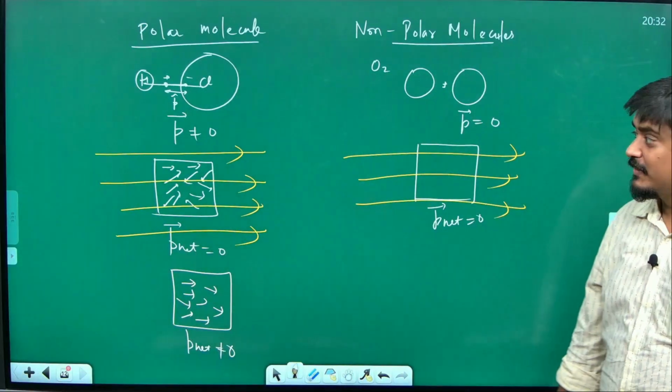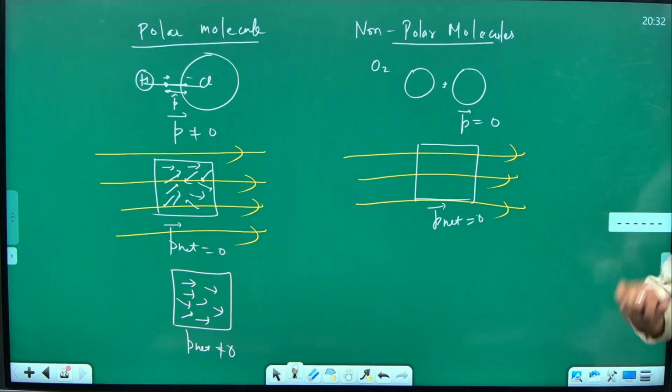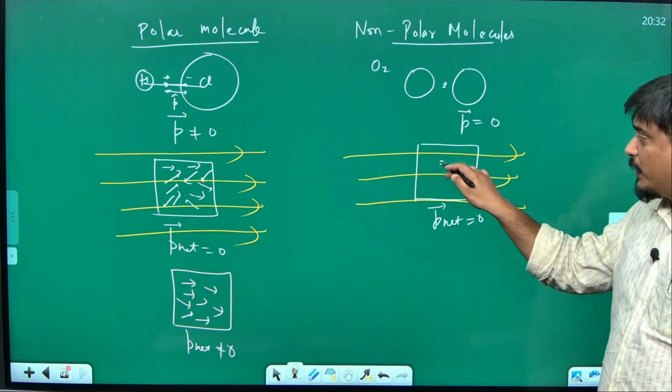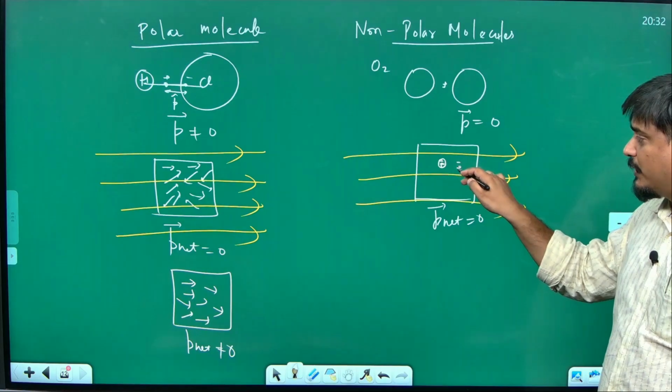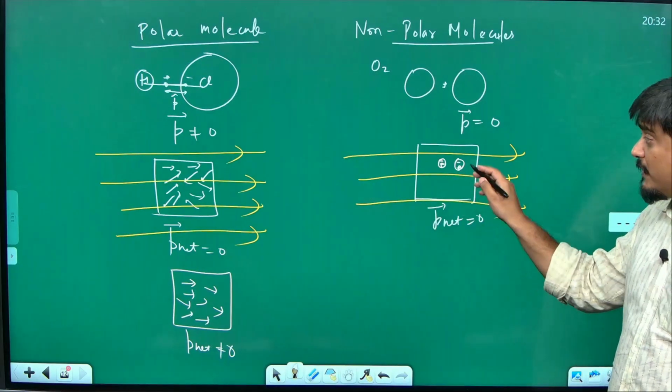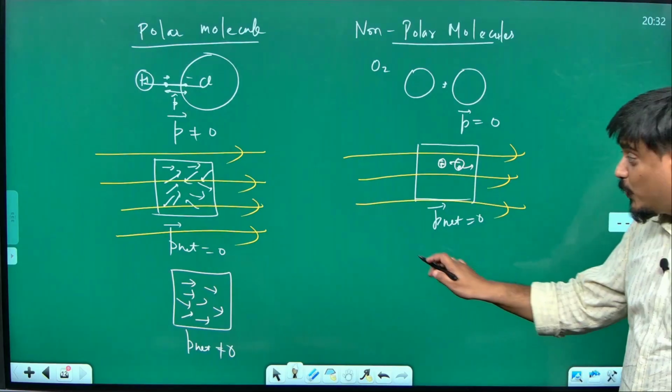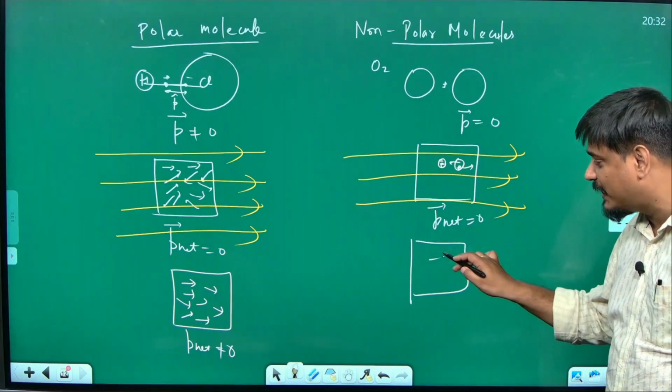Strange thing is, for a non-polar molecule, matter, negative and positive are together, but electric field will start pushing positive this side, negative this side, which will create some dipoles here also.